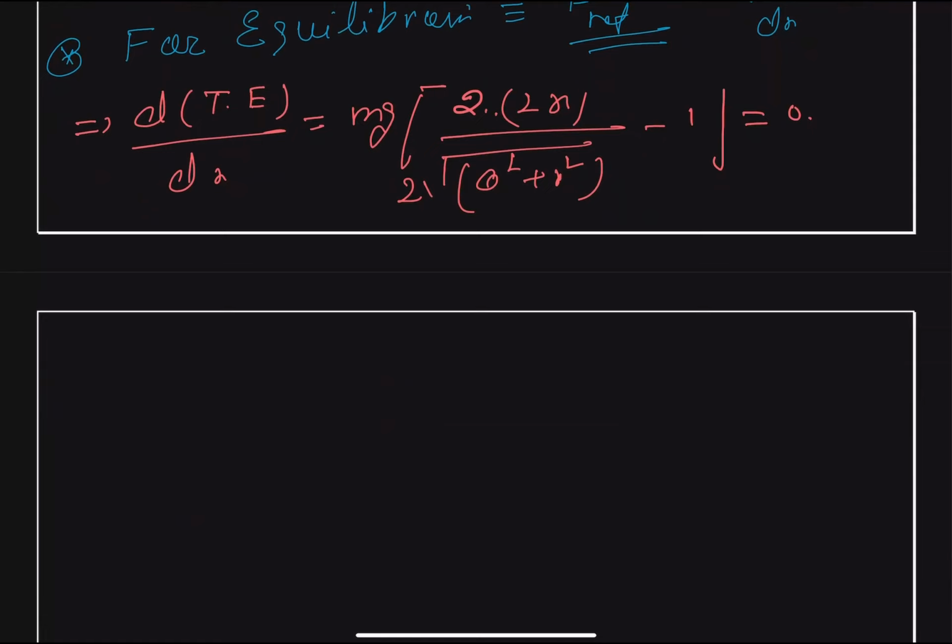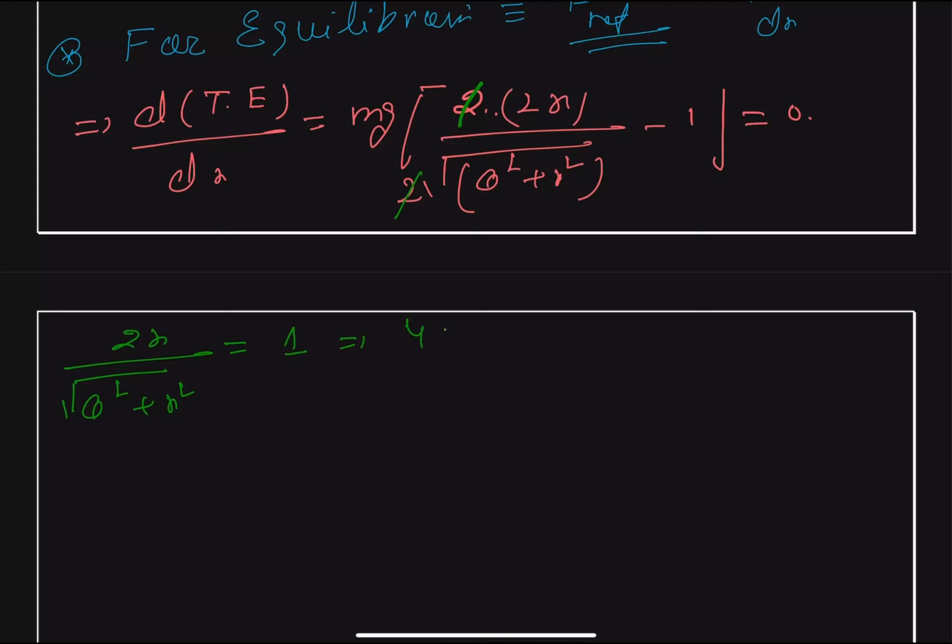So we get from here that 2 and 2 cancel out. So we get 2x upon square root of a square plus x square will be equal to 1. And we can just square it.